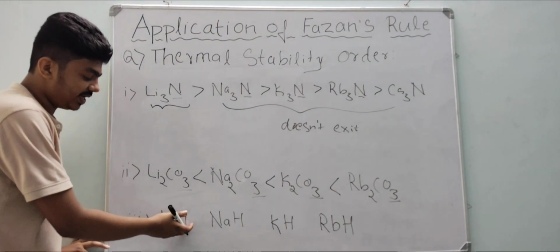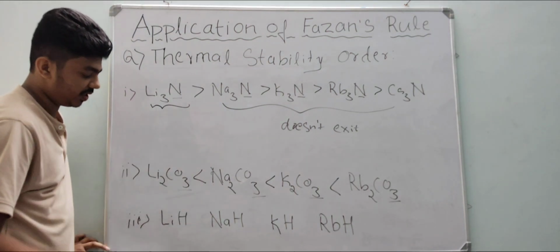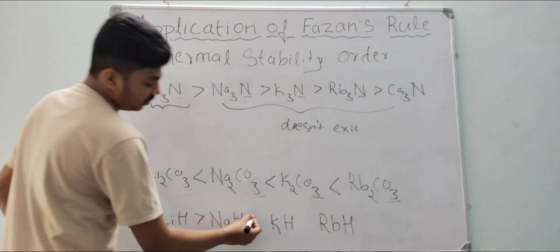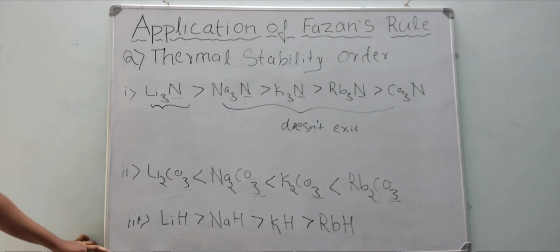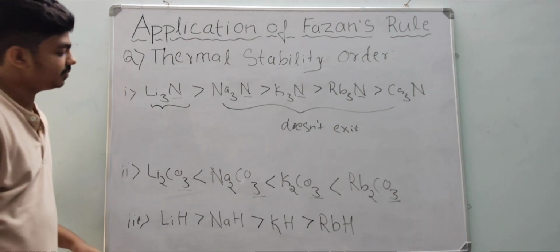In this case the anion is H minus, which is monoatomic. That means polarization is directly proportional to the stability of the ionic compound.